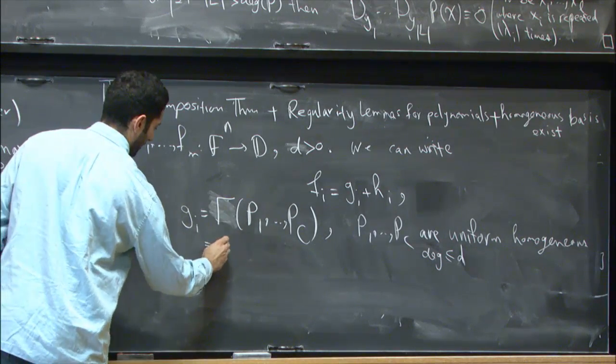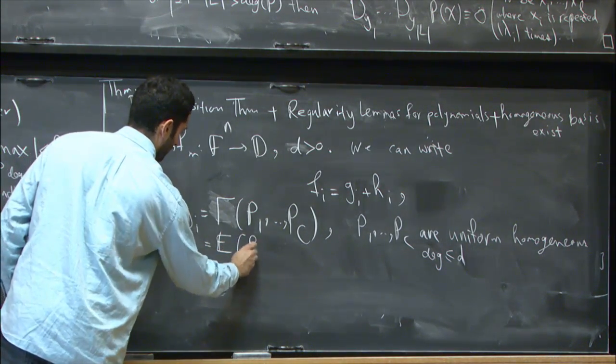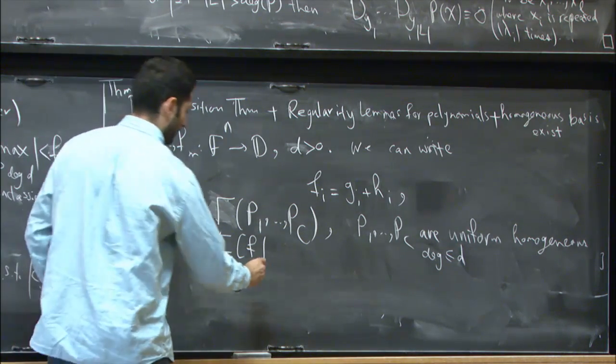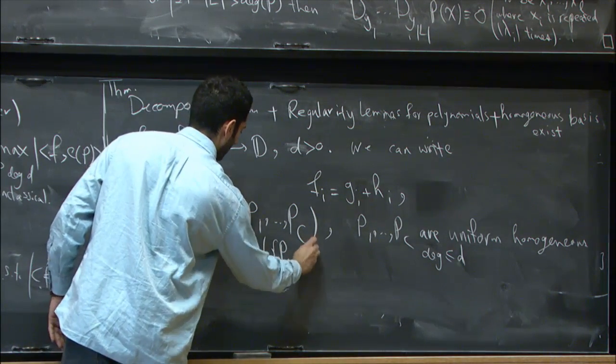In particular, this is obtained by averaging your function over the partitioning of the space that's provided by your polynomials.